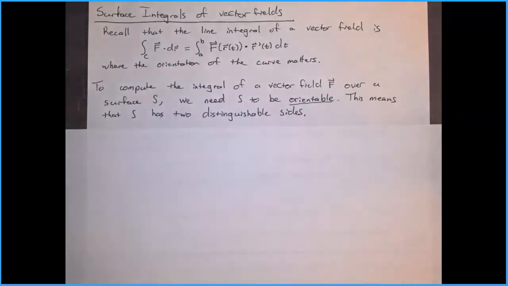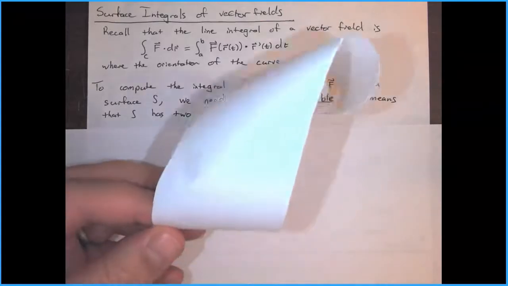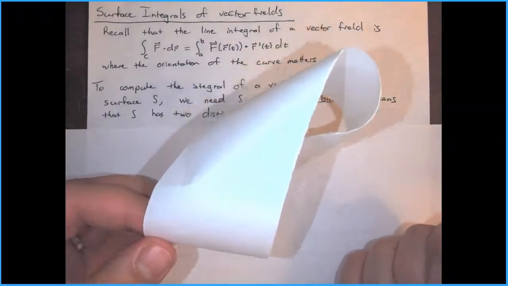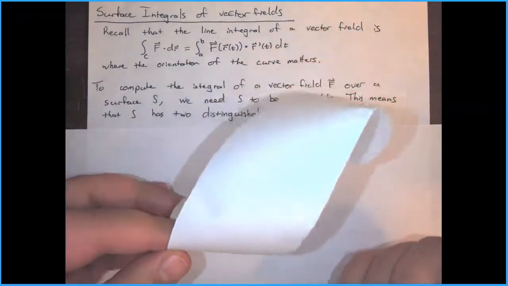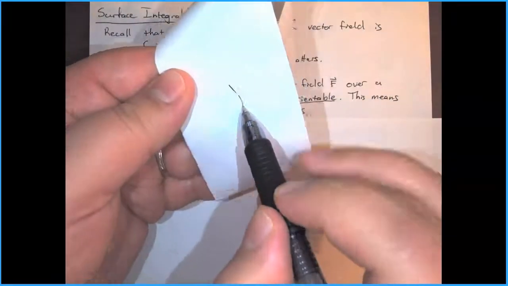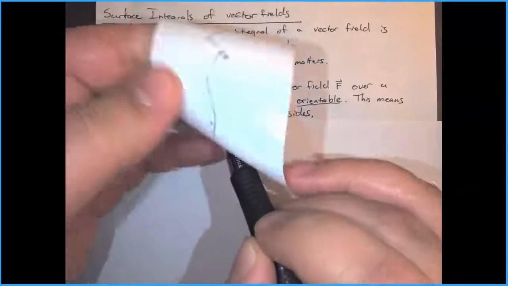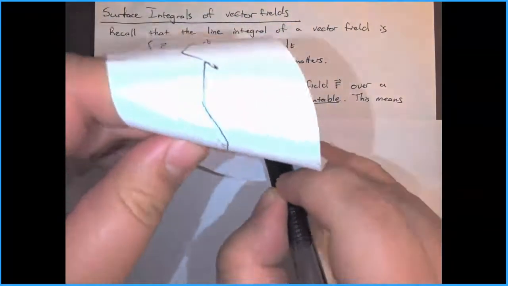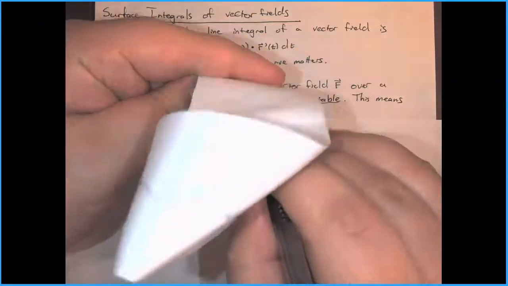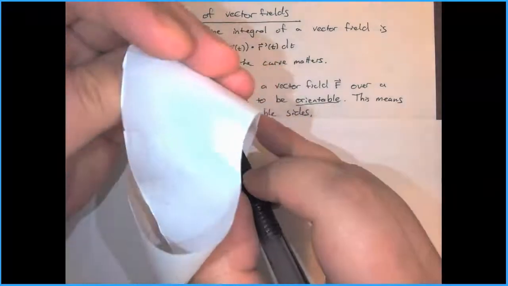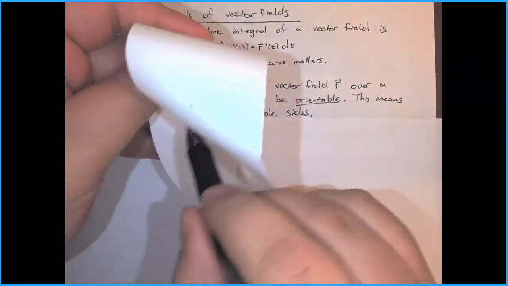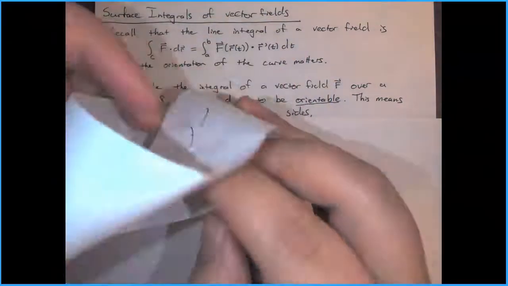And it is possible. So I have here a Mobius strip, kind of the easiest example of something that's non-orientable. And this Mobius strip only has one side. If I were to start traveling along this Mobius strip, I just draw a line here. Traveling, still traveling.